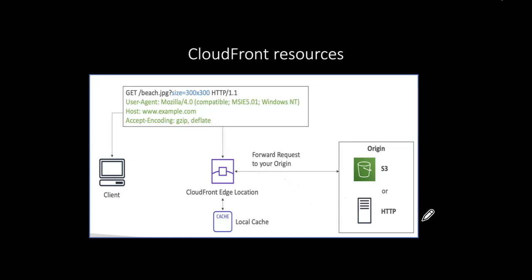It's going to just pass it on to the backend. Eventually, the response is going to come back from the backend, cache locally, and eventually arrives back at the original source. Yeah, so it's not hard to visualize how API gateway could be used as the origin for a content delivery network.